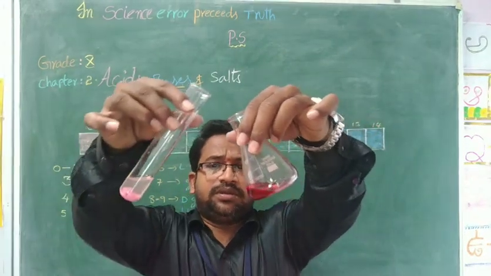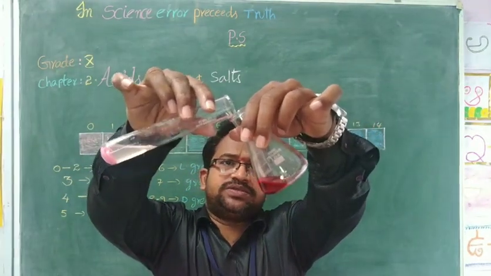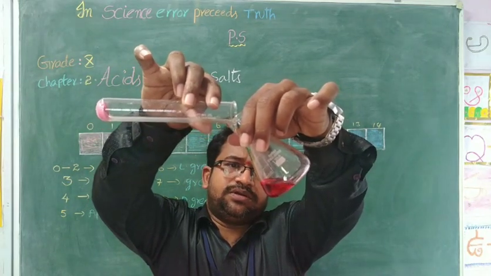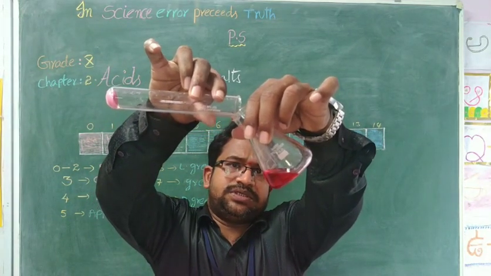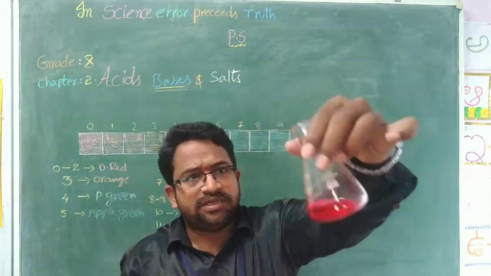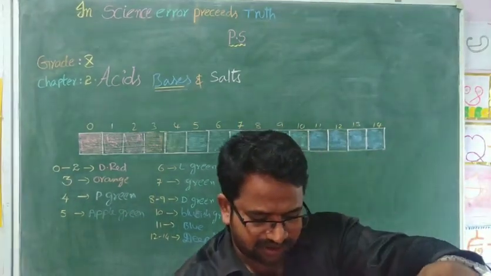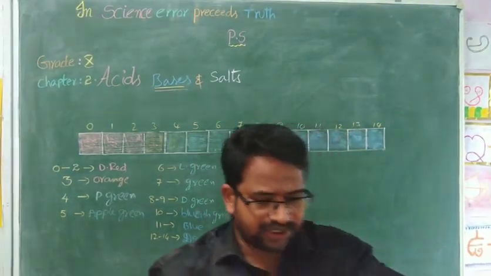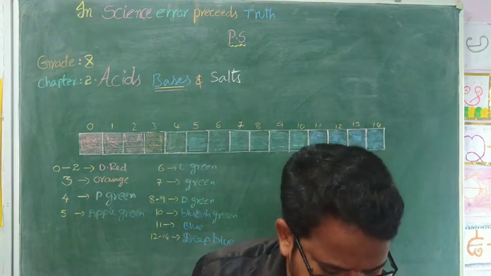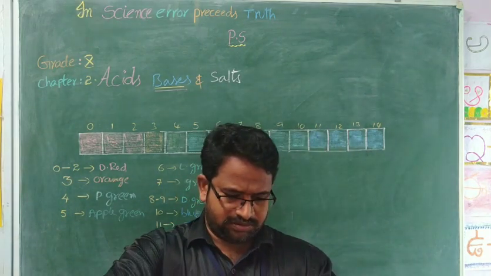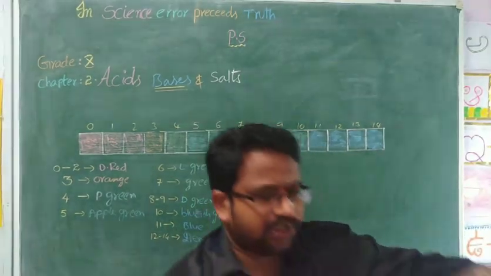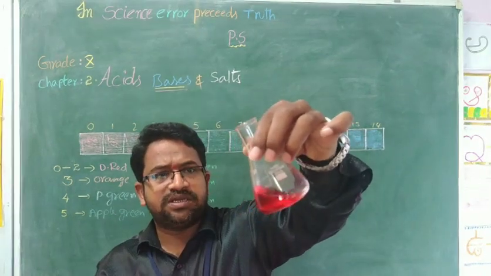Now I am going to add the base. Let us see what happens after adding this tablet solution. See what is happening to that particular color. Gradually, slowly it is changing. Okay, we will add some more. Slightly the concentration has reduced.